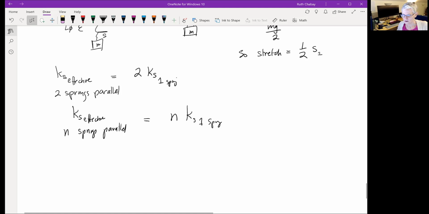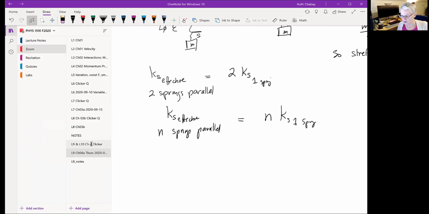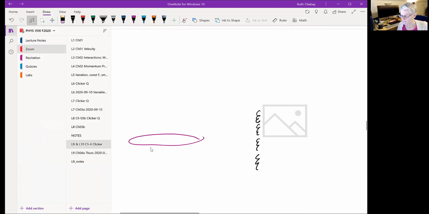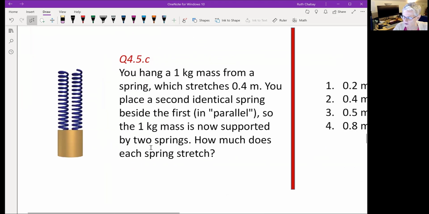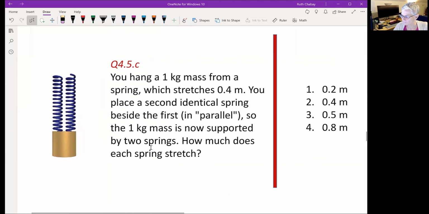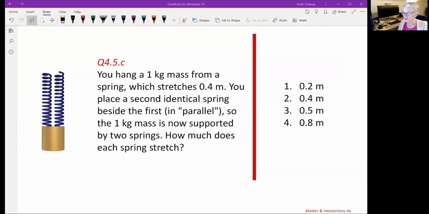Okay, so let's see if we can answer a question about springs in parallel here. We have one spring that stretches 0.4 meters if you hang 1 kilogram mass from it, but now you hang it from 2 identical springs. So how much does this parallel system stretch?